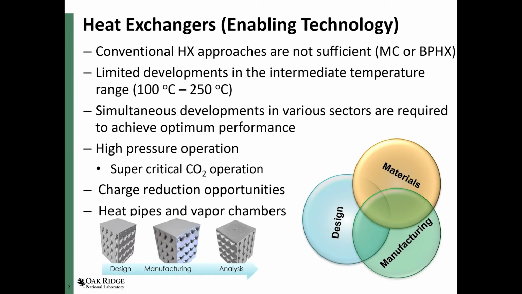But when it comes to systems such as supercritical CO2, there has been a lot of interest, as has been highlighted by the previous speakers. They actually pose some special challenges because you obviously need the right infrastructure. And of course, heat pipes and the vapor chambers, those are some passive heat exchangers. I call them passive, they're also important.